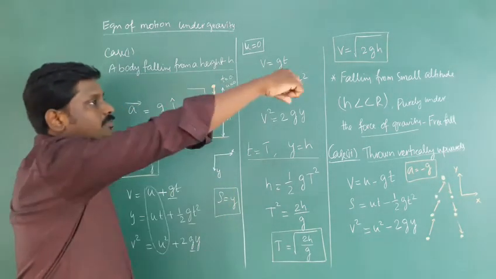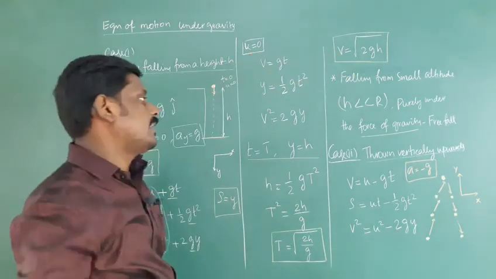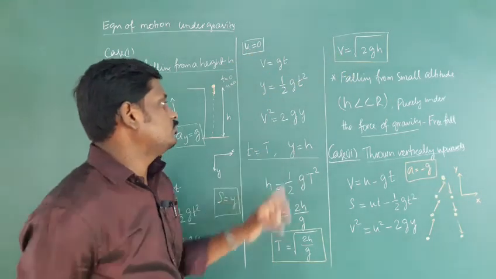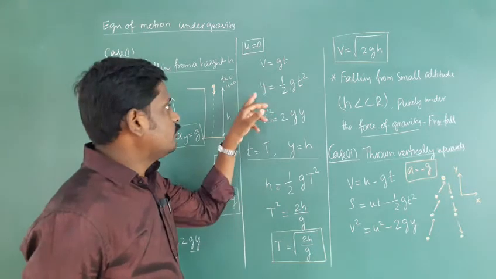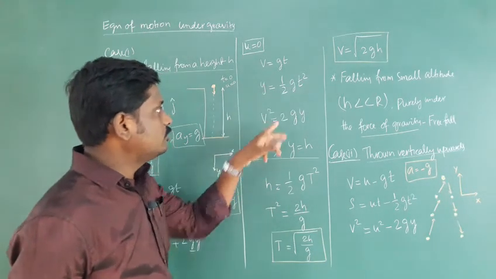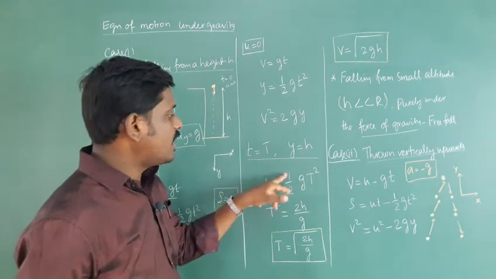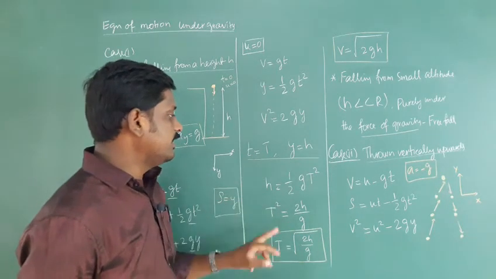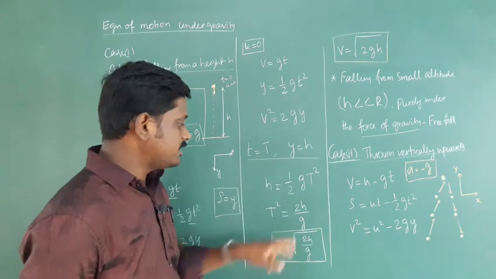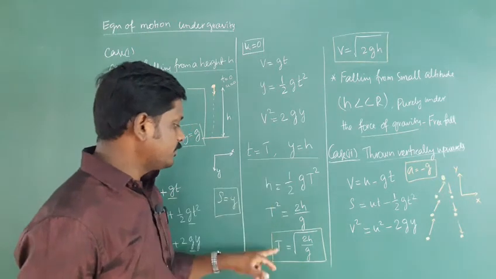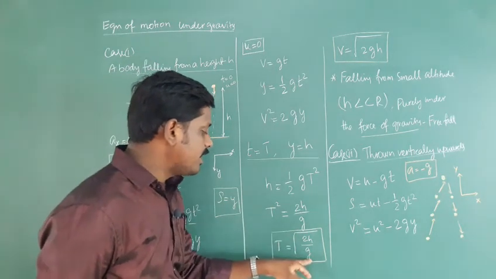So the object is falling from a height. Just substitute these two things: the equation changes to y is equal to half gt square, where t is T and y is h. So h is equal to half gT square. Then rearrange, so T square equal to 2h by g. So T is equal to square root of 2h by g.